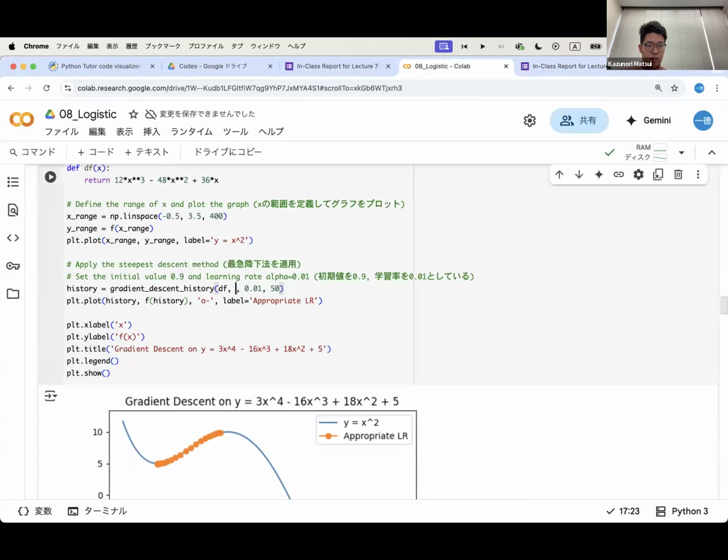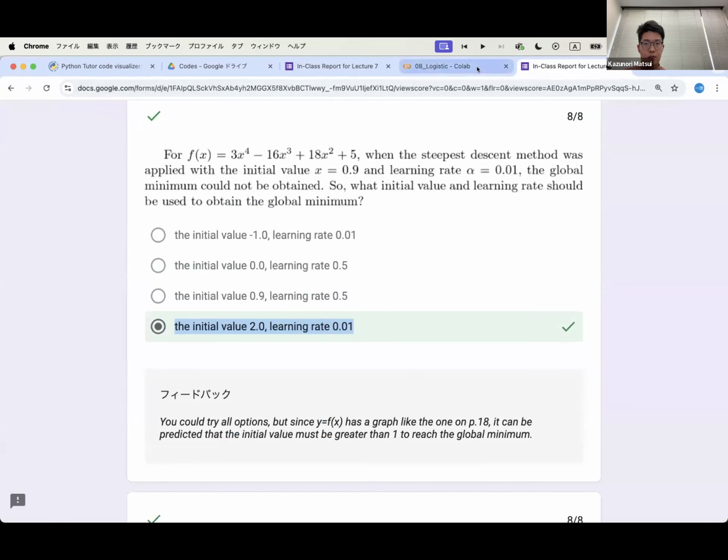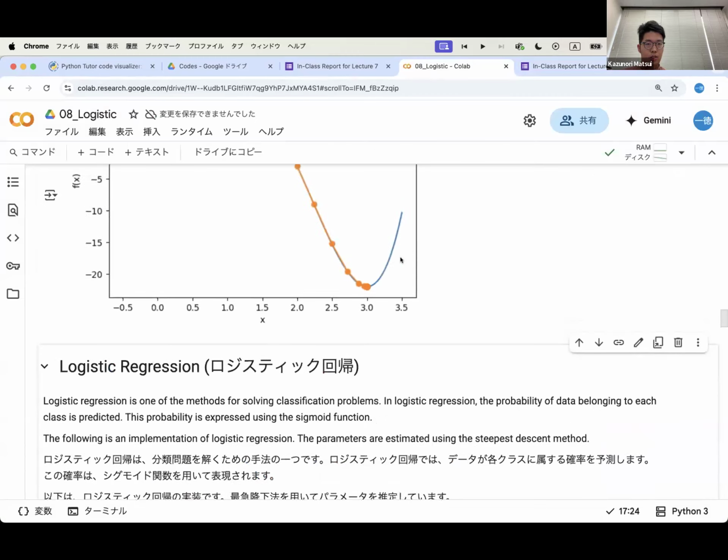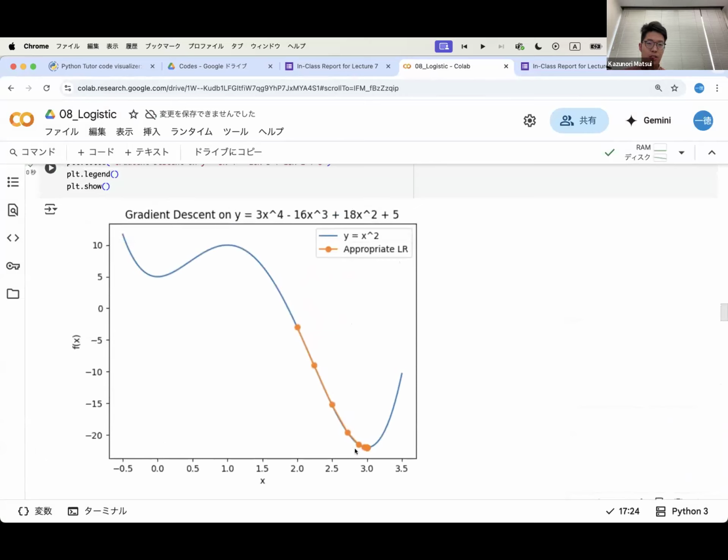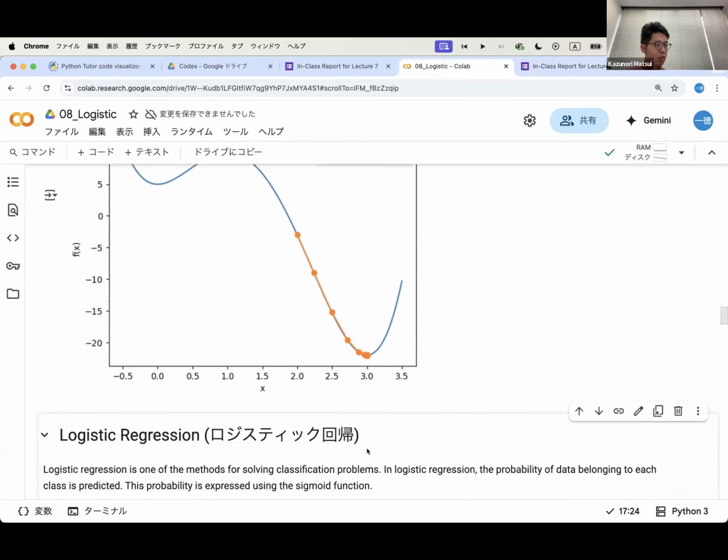We'll set 0.0 and 0.01. Yes, we obtain the global minimum value. So we get a result like this and can confirm the minimum value is around negative 20.